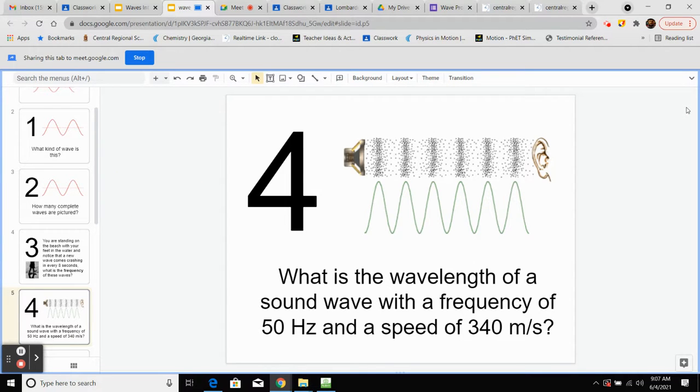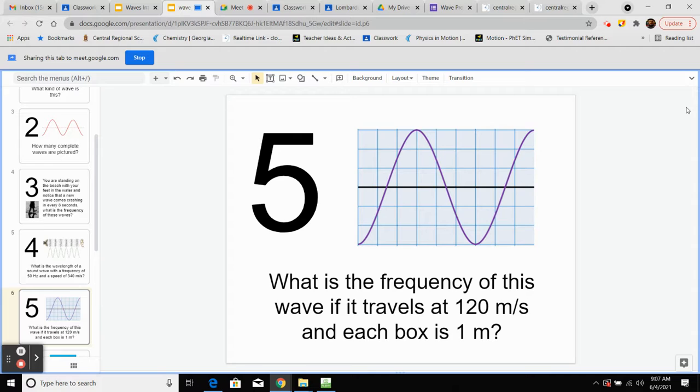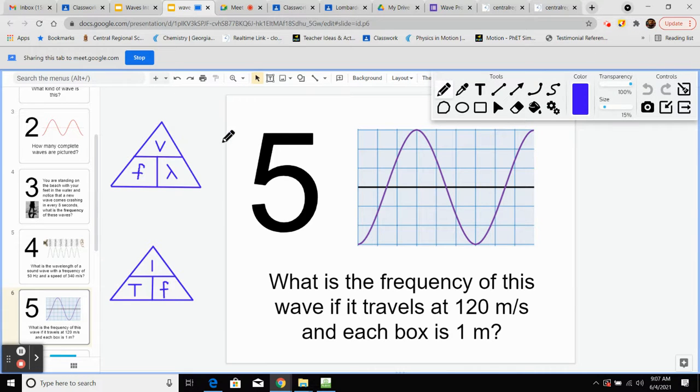Okay, number 5. Sheesh. All right. Well, what is the frequency of this wave if it travels at 120 meters per second and each box is 1 meter? Okay, so here are 2 triangles. What are we going to do here?